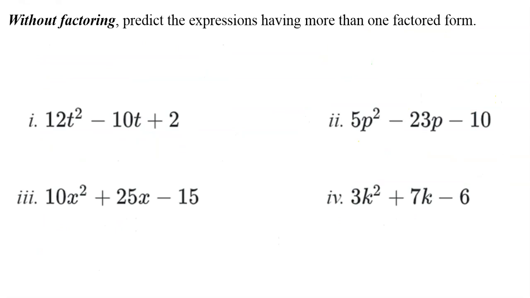So, without factoring these, we're going to predict which ones have more than one factored form. And so we do that with the same process. 2, 10, and 12, those are all even numbers. This is 2 times 6, this is 2 times 5, and this is 2 times 1, which means we could pull out the 2 on each of these. So let me do this.